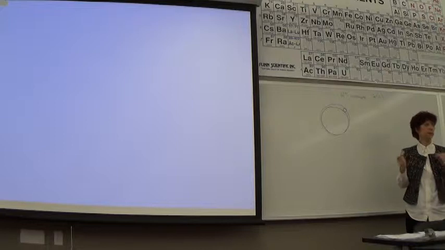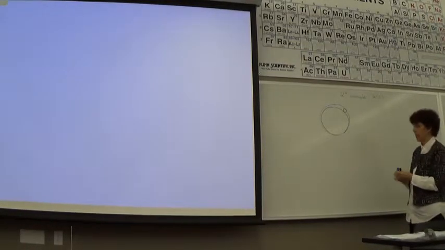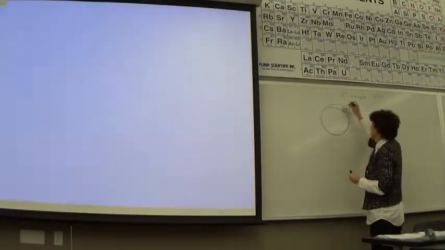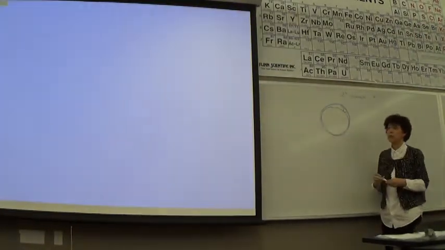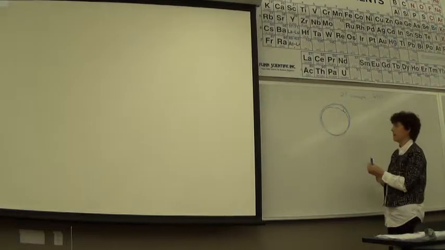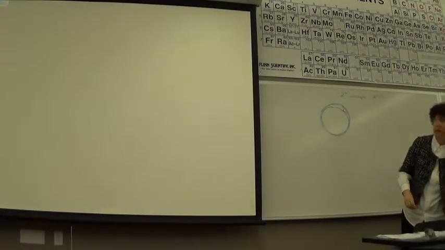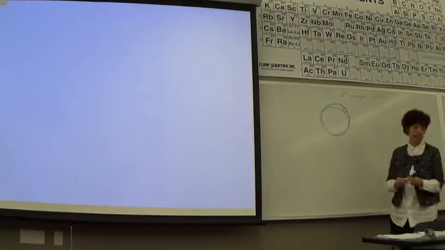And when the sperm fertilizes it, it passes through those follicular or granulosa cells. So I'm not going to bother drawing that because we're focusing here on what happens to the nuclear material. And it inserts into the egg.